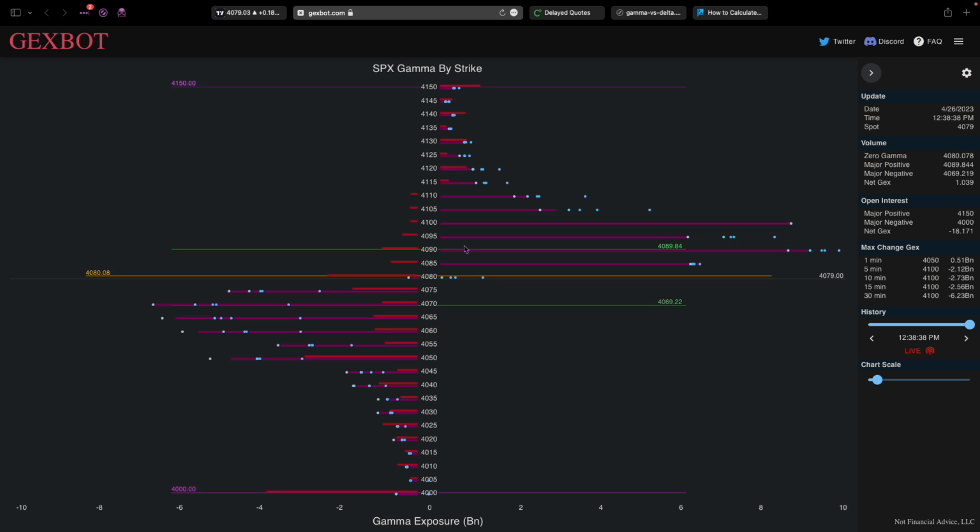It just so happens, and I'm sure that most of you have heard about this, that there are some crazy statistics, like 44 to 50% of overall notional value traded on the index itself, whether it's SPY, SPX, whatever, is concentrated in 0 DTE options.